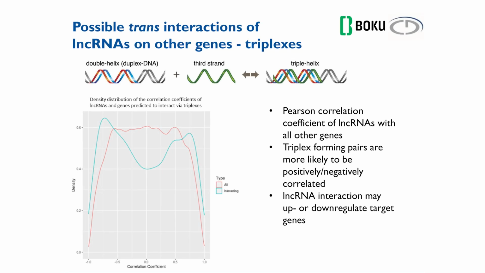One of the other methods is this in-trans interaction by forming triplexes. I used a couple of different tools to predict interacting partners between a long non-coding RNA and different protein coding genes.